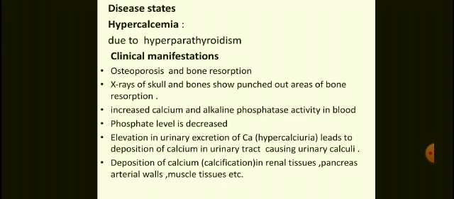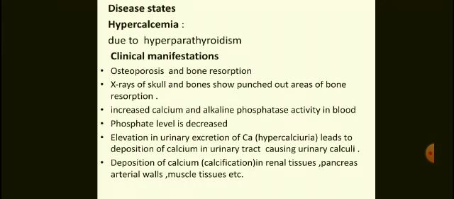So the clinical manifestations include osteoporosis and bone resorption. And the X-rays of skull and bones show punched out areas of bone resorption. There is increased calcium and alkaline phosphatase activity in blood. Then phosphate level is decreased.